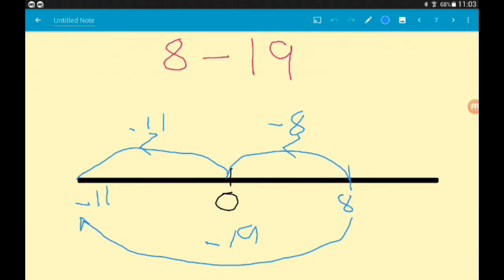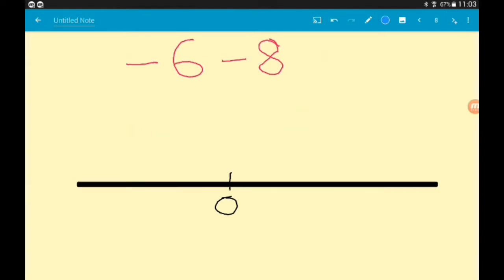Okay, next up. Alright, minus 6 minus 8. So this is the type of question that I very often see an incorrect answer to. A lot of people would look at this and go, oh, it's a double negative. So an answer I would see to this a lot of the time would be positive 14.